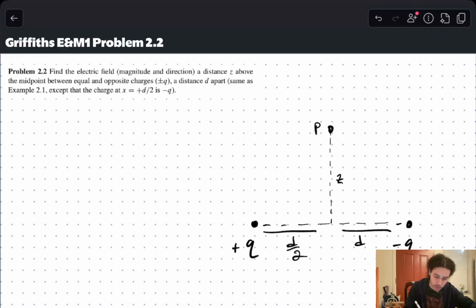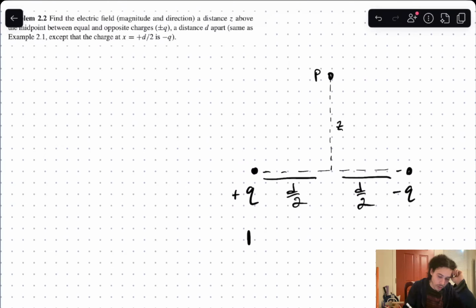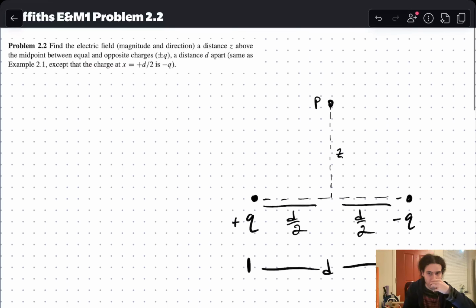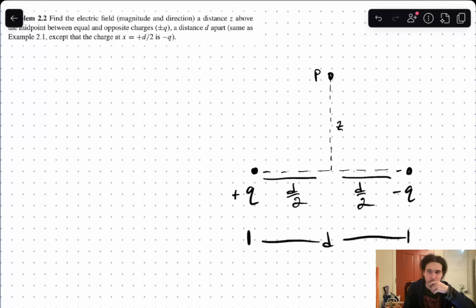This over here is d over 2. The total distance between these charges is, of course, d. And now comes the part where we start evaluating how we tackle this problem.